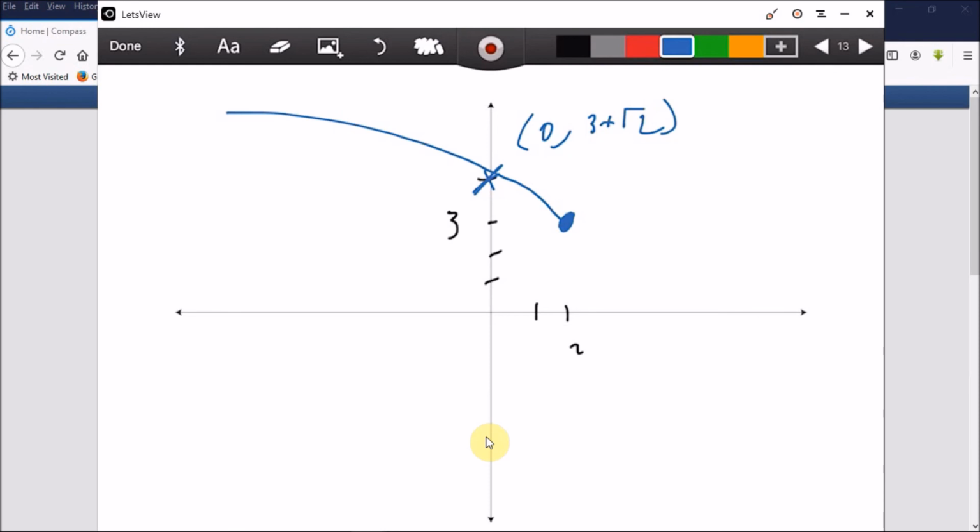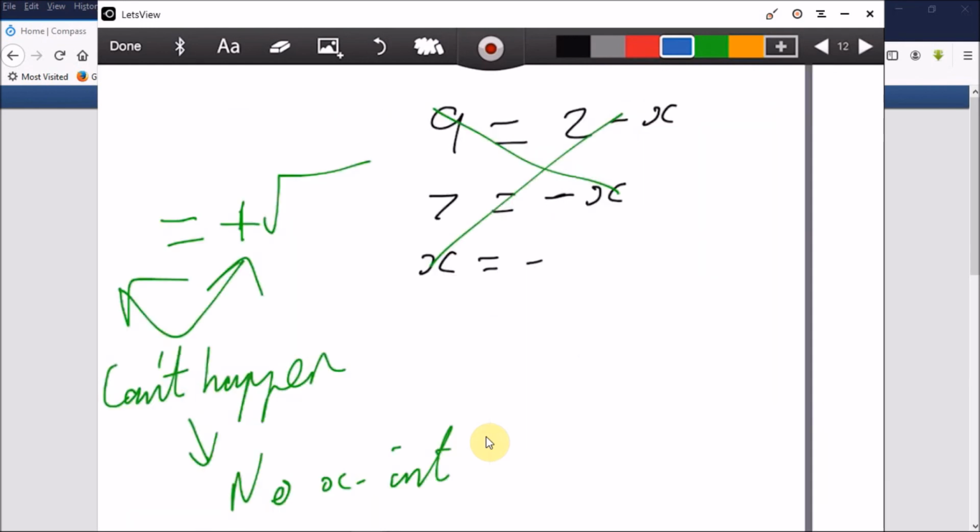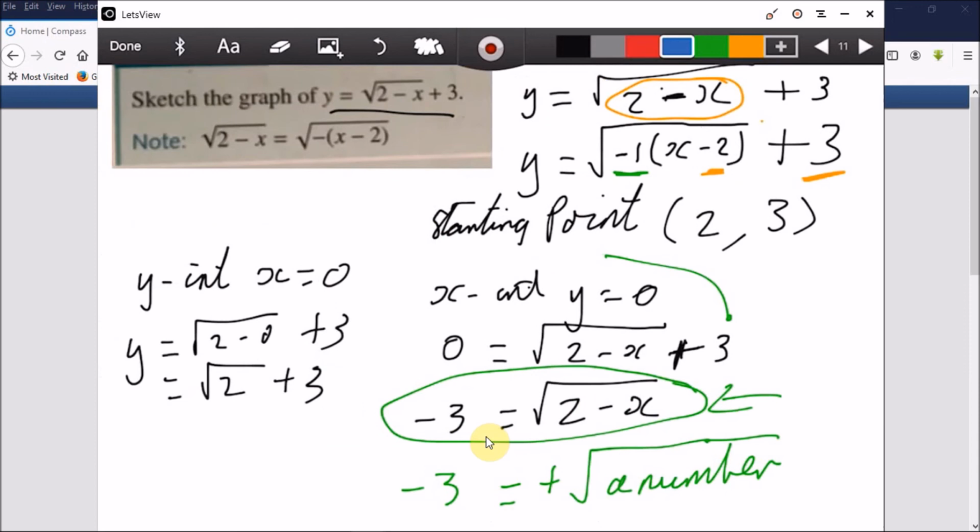So you need to be a little bit careful there and not do the same thing that I did here and get very excited about it. I'll just square both sides, but really you need to think about what that actually means.